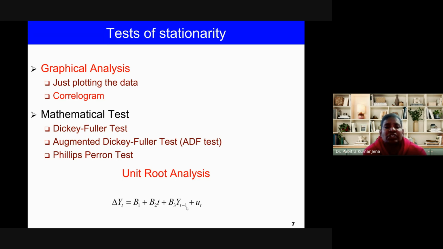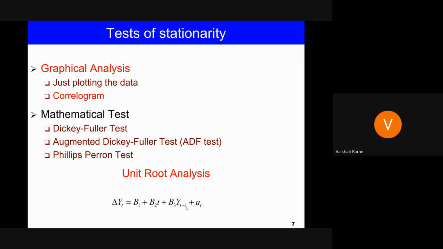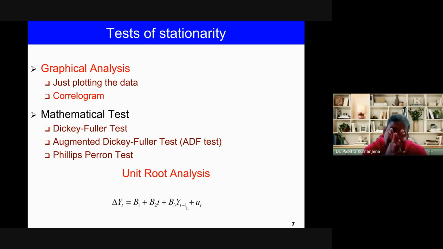So if there is equal spreadness or scatteredness of the variance of the error terms, we call it homoscedasticity. In regression it should be homoscedastic. If there is heteroscedasticity, then there is a problem.